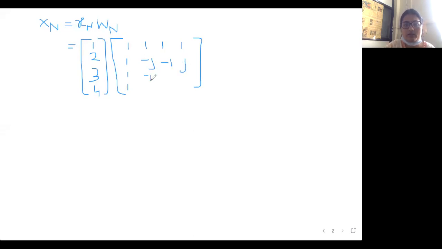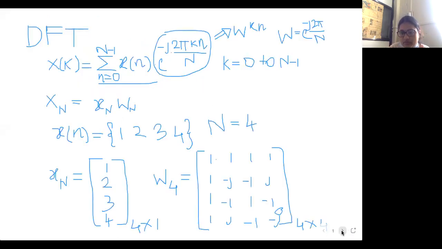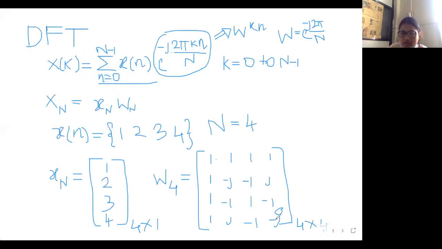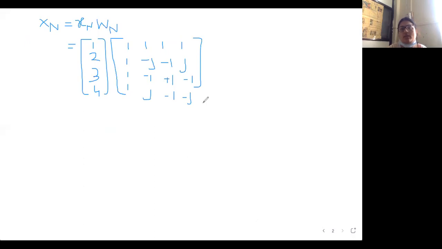Here it is minus 1, j. Then here it is plus 1. So this is going to be plus 1. This is going to be minus 1. Here it is minus 1 and here it is minus j, the last value of this matrix. Is that clear? This is minus 1, minus j. I have taken down all the values in the matrix.